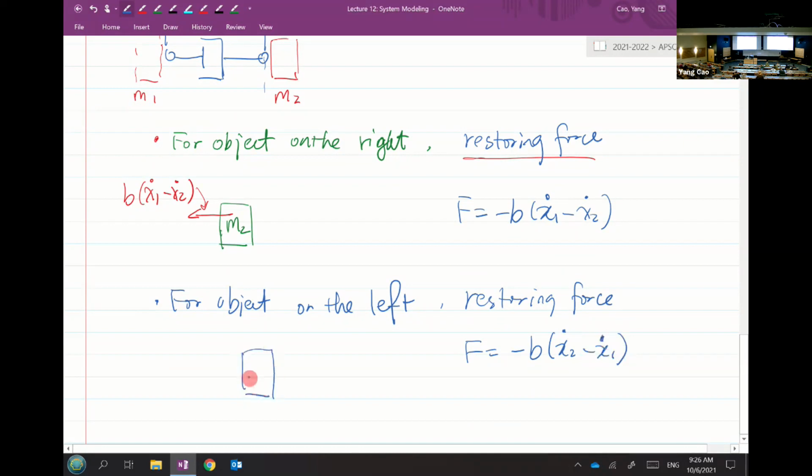So this time, for this M1, the restoring force applied to the M1 should be in the opposite direction of x2 dot. So then you label this correctly. You get, this is B times x2 dot minus x1 dot.